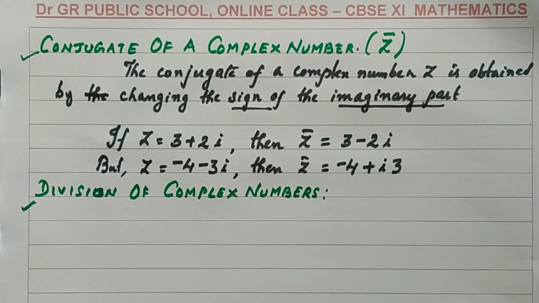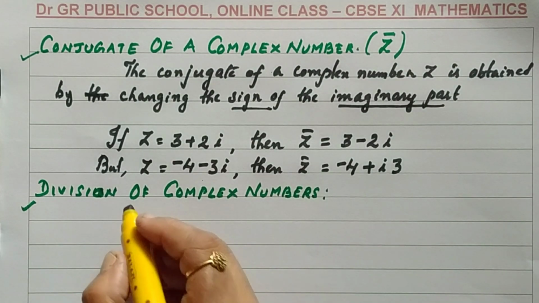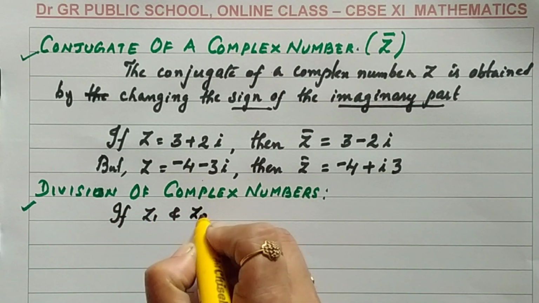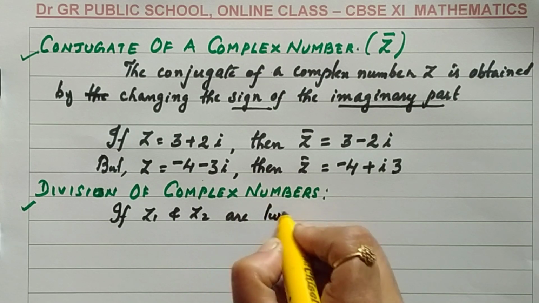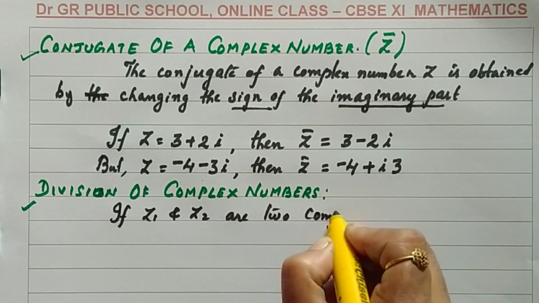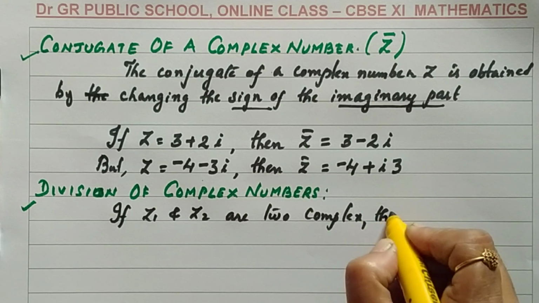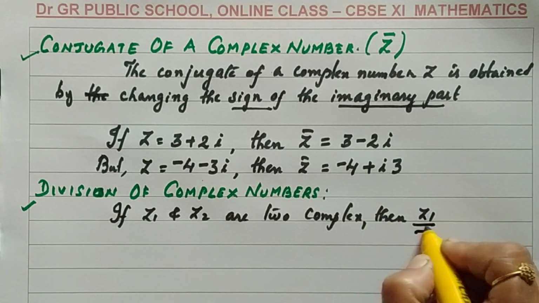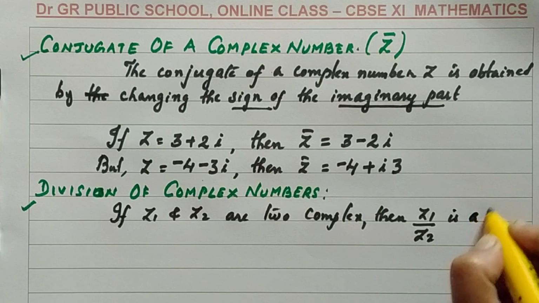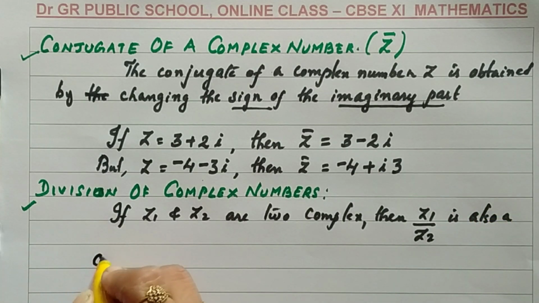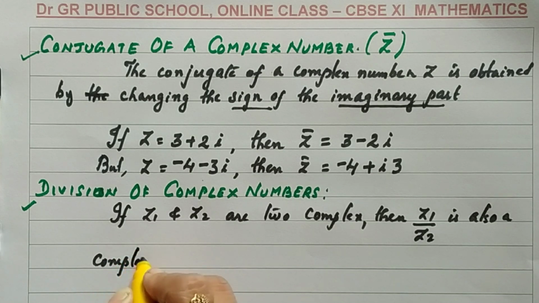To divide two complex numbers, if z1 and z2 are two complex numbers, then z1 by z2 is also a complex number. That is the property holding here.